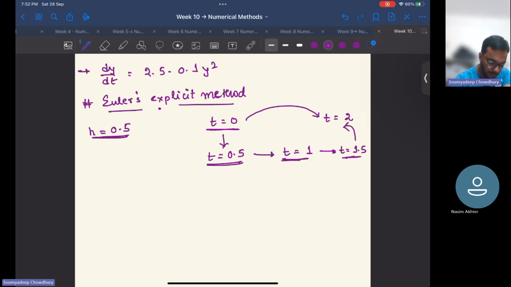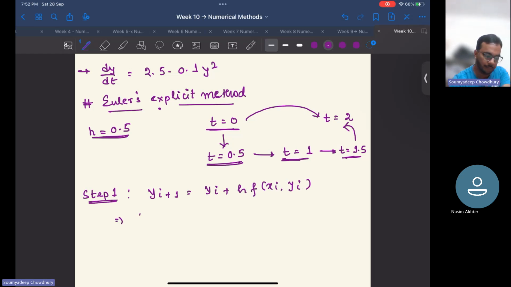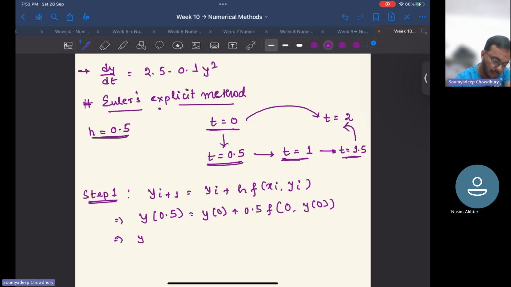So step 1. Euler's equation is y_{i+1} is y_i plus h into f of x_i comma y_i. So the first step, this is y of 0.5, right? h is 0.5, f of t_i is 0 and y_i means y of 0.